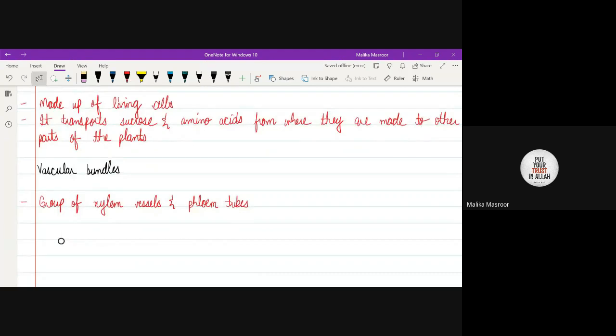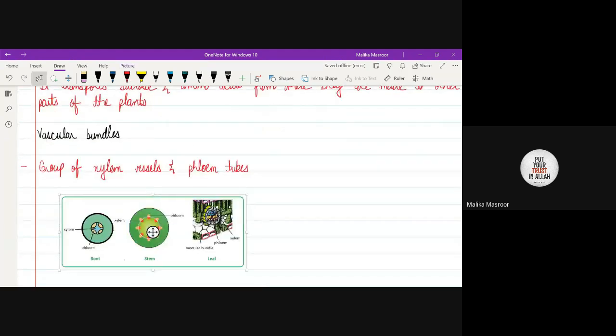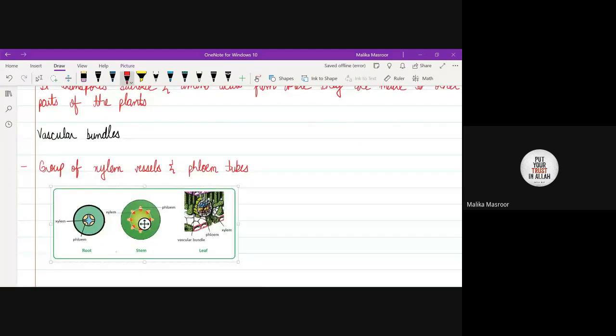I think it was Zoya or someone else who asked me in the initial chapters about placement of vascular bundles. Zoya, was it you? And I said that I'll show it to you and talk about how they are arranged.